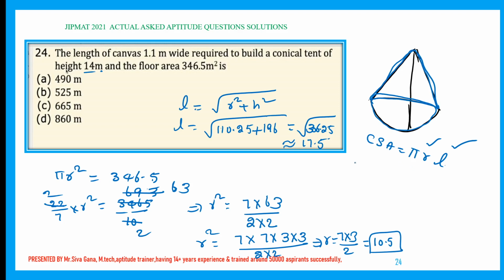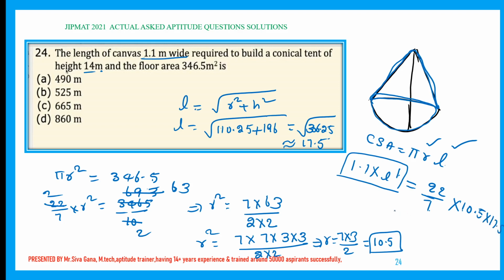Now the breadth is 1.1; length we need to calculate. This is the area, and the other area is pi r l. 22 divided by 7, r is 10.5 into l is 17.5.